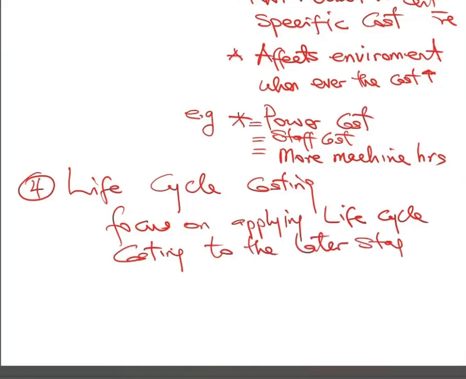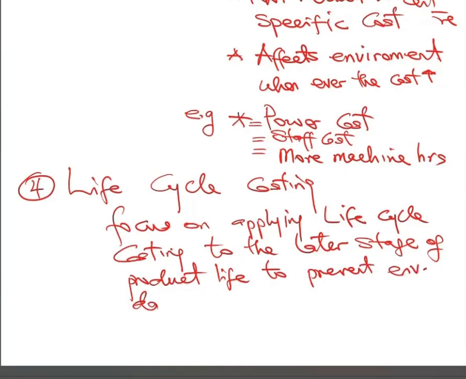Remember, end of life, later stage of product life, to prevent environmental damage. Very important. And once you prevent that, you are also managing your reputation. Especially when you are doing exploration, you might need to do cleanup.